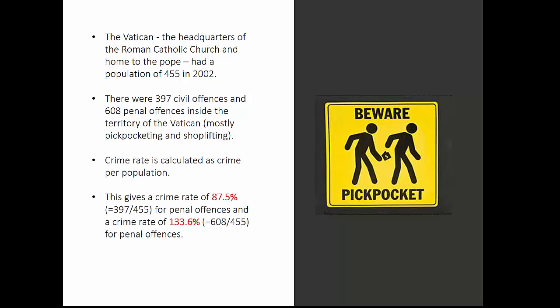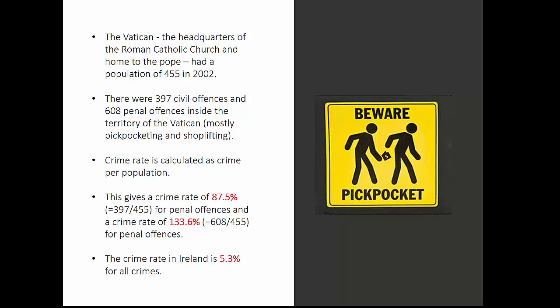Crime rate is calculated as crime per population. That's how it goes. And for the Vatican, this would give us a crime rate where there are more crimes than people living in the Vatican. So it's a crime rate of 133% for the penal offences. When you compare that with Ireland, the same crime rate would be 5.3. So that's a puzzle, right?